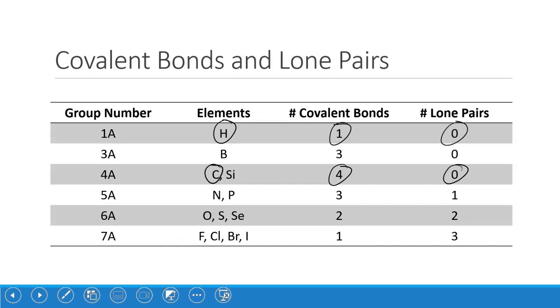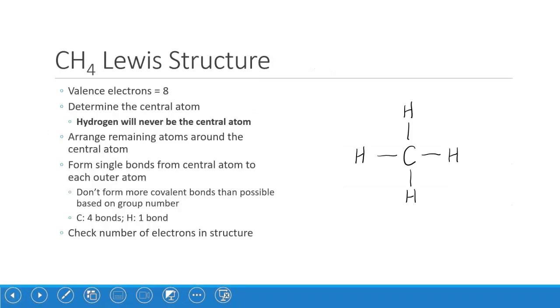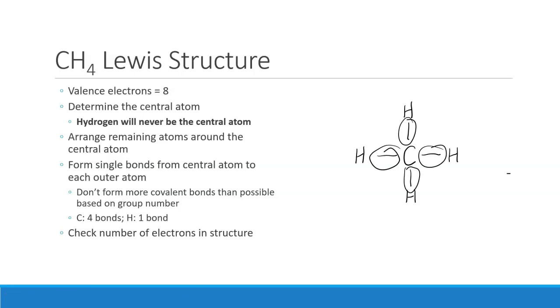So we're looking for carbon to have 4 bonds and each hydrogen to have 1 bond. That's exactly what we have: the carbon has a total of 4 bonds, each to 1 hydrogen. Then the last step is to check and make sure that we have used up all 8 valence electrons. And remember that a covalent bond, or a line, represents 2 electrons.